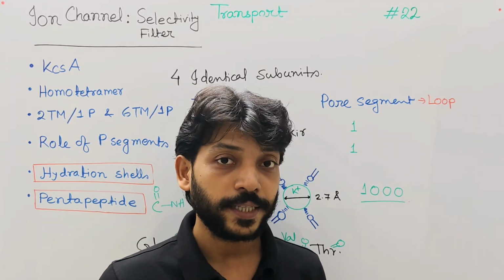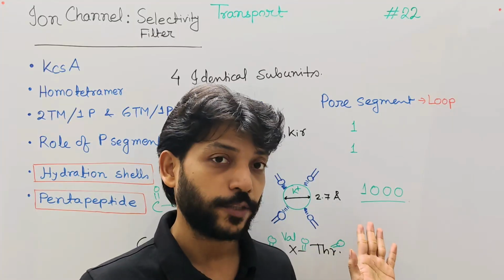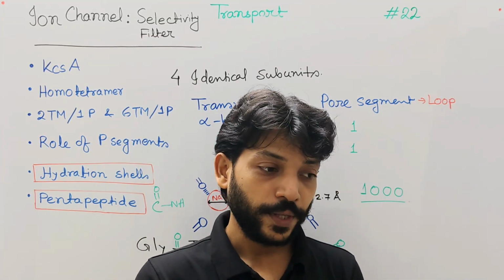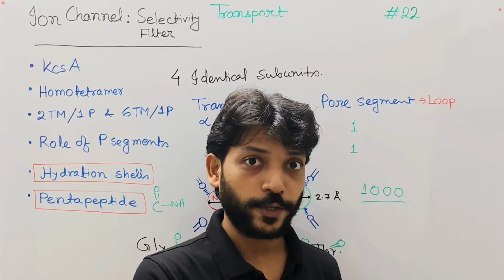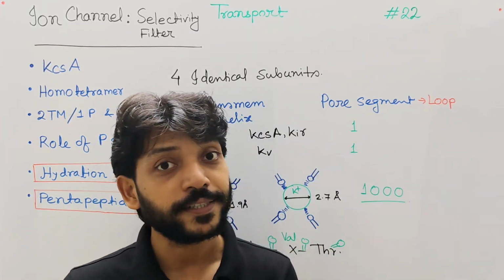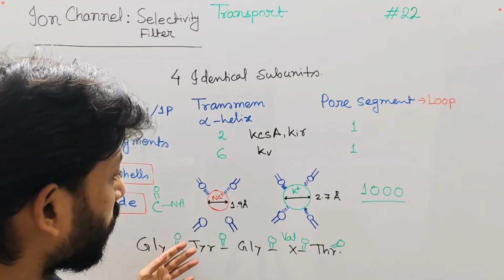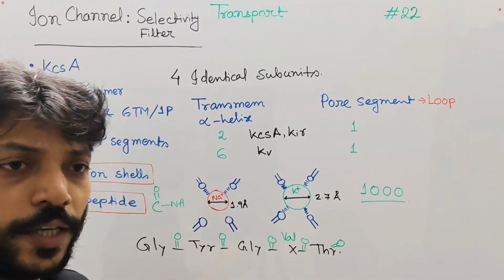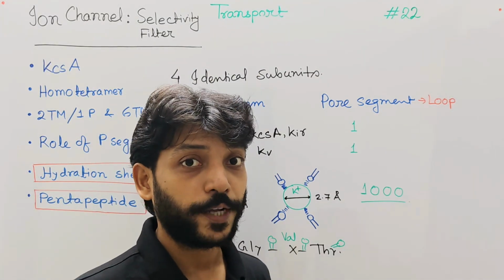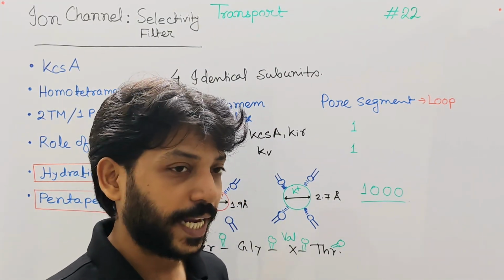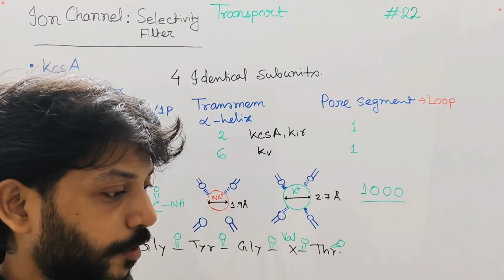But there is a difference between potassium ion channels and sodium ion channels, because in the case of sodium ion channels, there are distinct types of sodium ion channels present in diverse species. They use different selectivity filters. As I have mentioned, in the case of all potassium channels, this signature pentapeptide is very conserved. But in the case of sodium channels, they use different selectivity filters. So that's the difference with sodium ion selectivity.